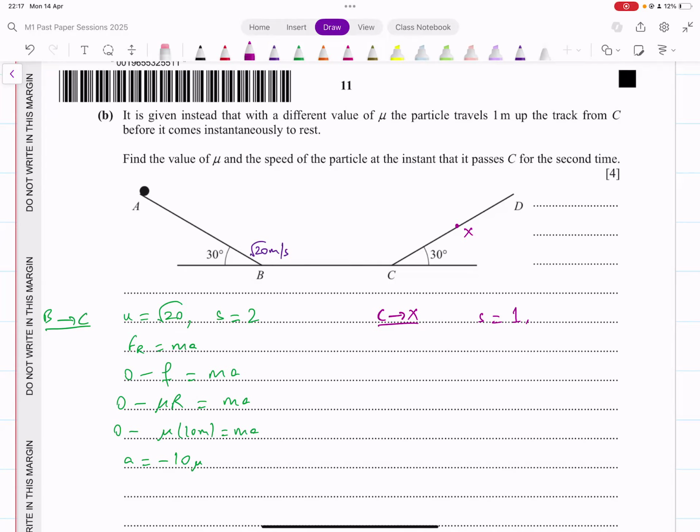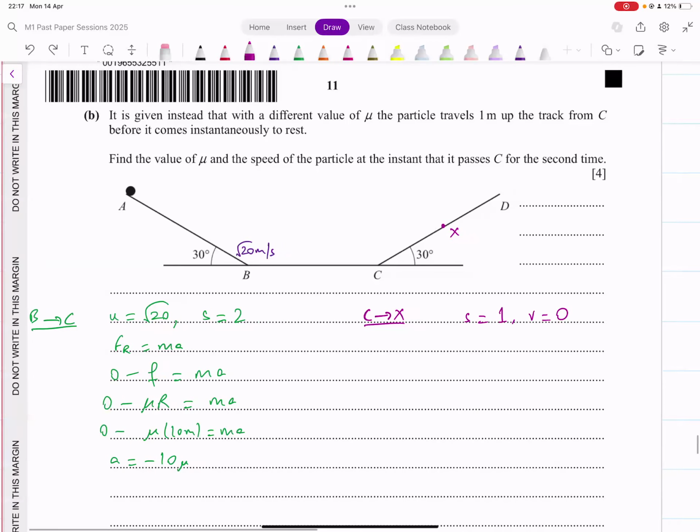What else do we know? Final velocity is 0. At this point, the velocity is 0. Is there anything else that we do not have? Can you find acceleration somehow for this part of the journey? That will also be in terms of mu. Then we can use the initial velocity for that part.